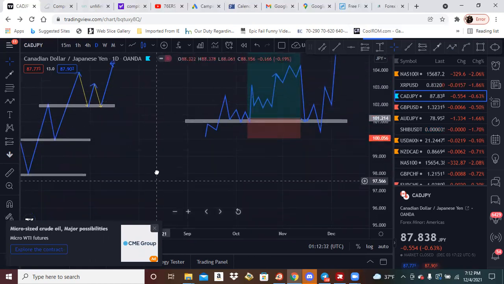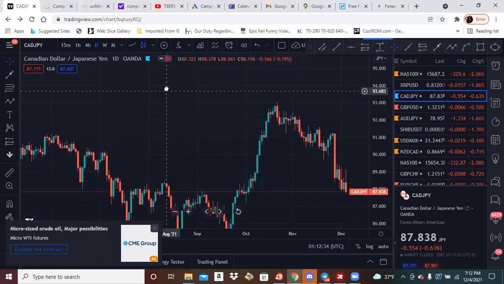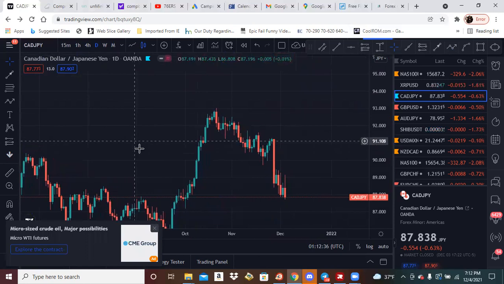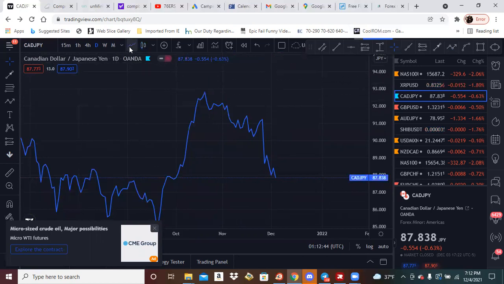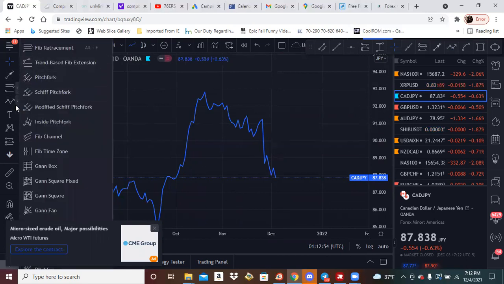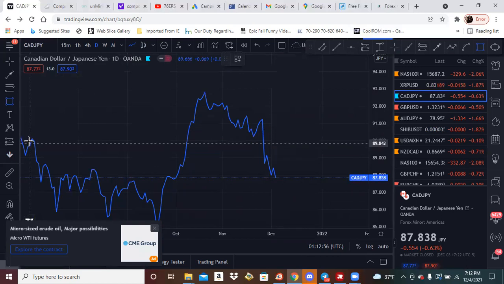So as I conclude this video, let's go here to the Canadian versus Japanese yen. I look at support and resistance. You can go on to the charts and you can see that same sharp move. Look, sharp move, right? CAD JPY already broke out of a support.